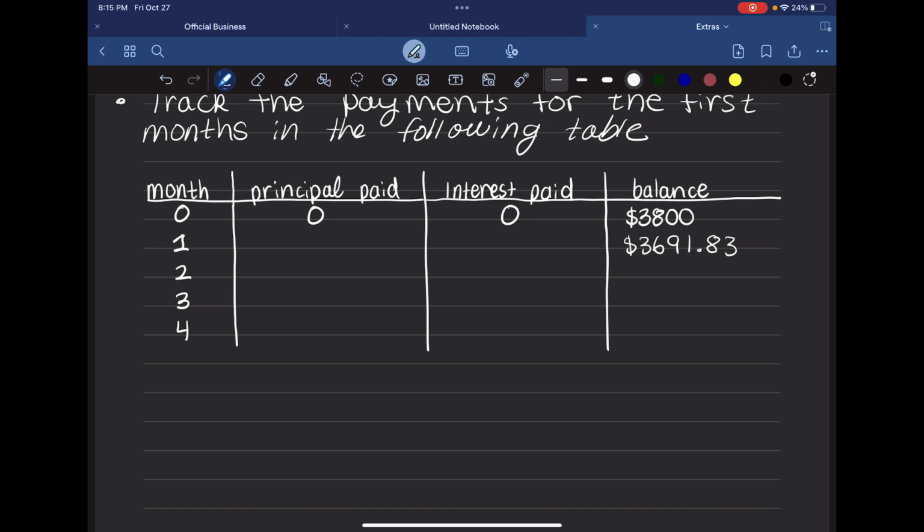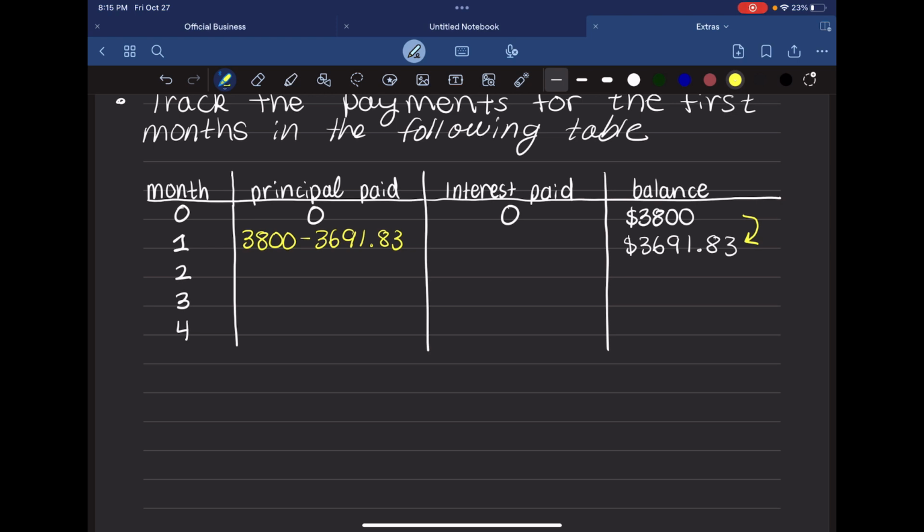And so the way that we figure out our principal paid is we're going to look at how our balance changed. So for principal paid, we'll take $3,800 and subtract this $3,691.83.